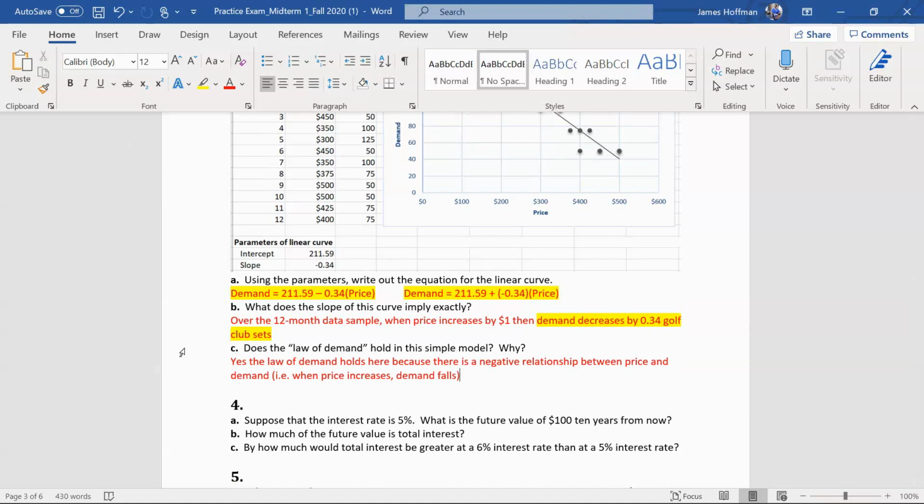Then part C, check the slope coefficient for negative or positive, which will tell you if the law of demand holds or not. So questions on this one? Usually part B is the part with the most problems. So make sure that part B is clear.